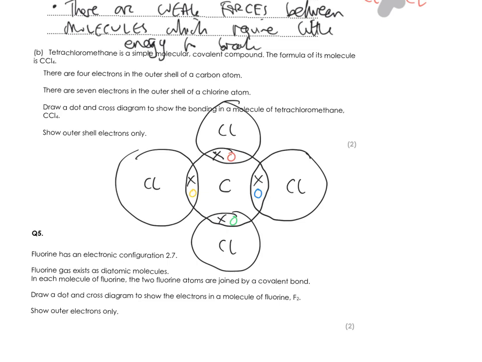So we just need to complete the chlorines. This top one has 2, so it needs another 6. This one to the right has 2, so it needs another 6. This one at the bottom has 2, so it also needs another 6. And this chlorine on the left has 2, so it also needs another 6. So that is what tetrachloromethane looks like.